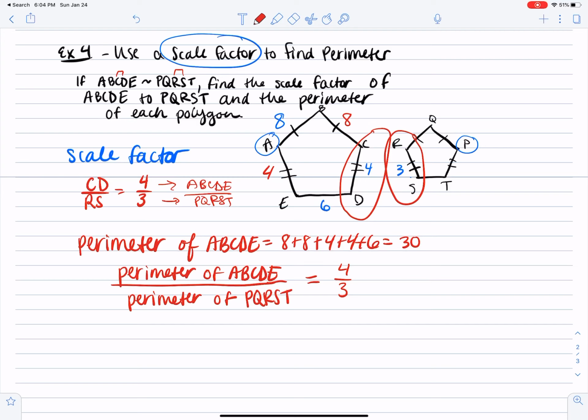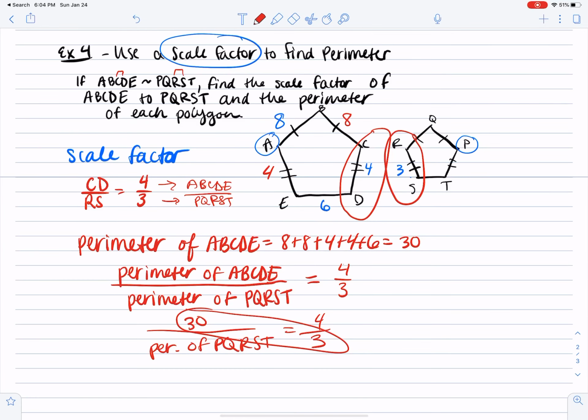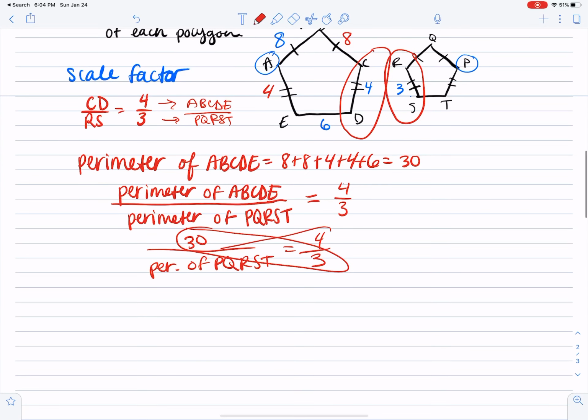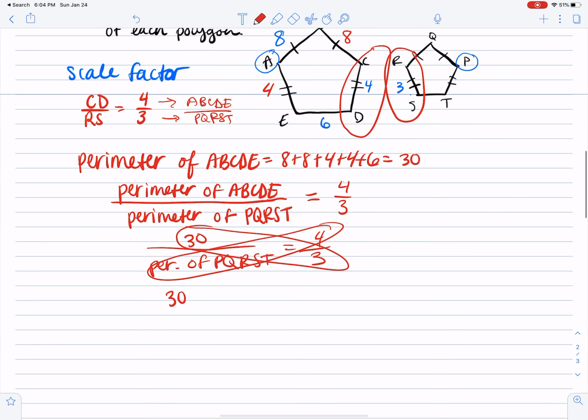So now we can just plug in what we know on this side. We've got 30 over perimeter of P, Q, R, S, T equals 4/3. And remember, we can cross multiply here. So I'm just going to write 30 times 3 equals, and then I'm just going to write 4 times, and I'm going to write P for perimeter.